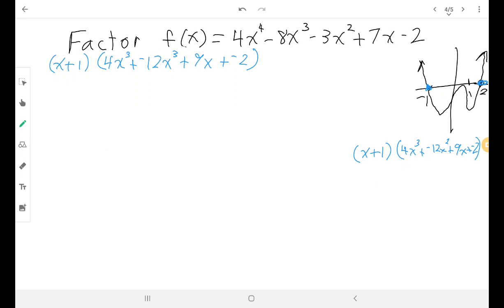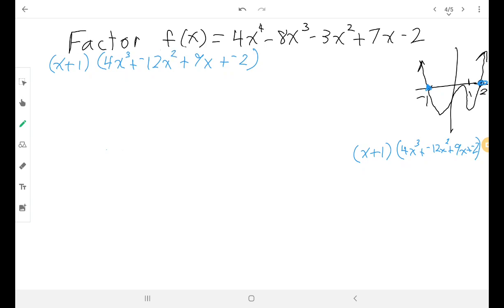Now this one is a little bit easier to plug 2 into. I'm going to plug 2 into this and check for 0. And there's a little less work to do. Oh, and I messed up there. I put cubed instead of squared. Sorry about that.